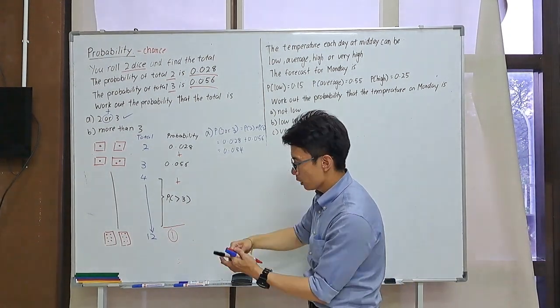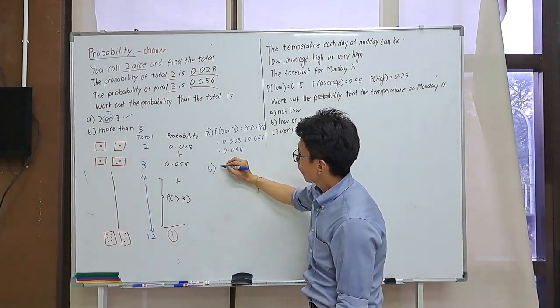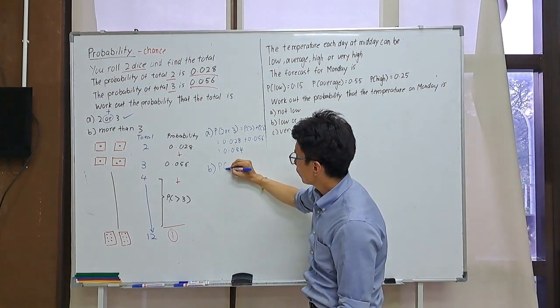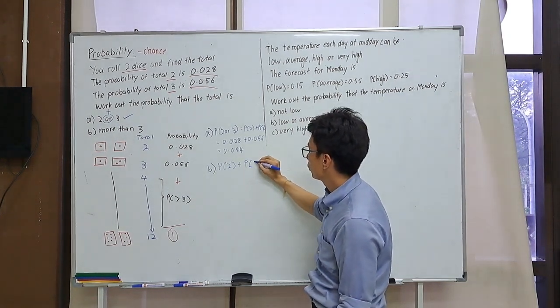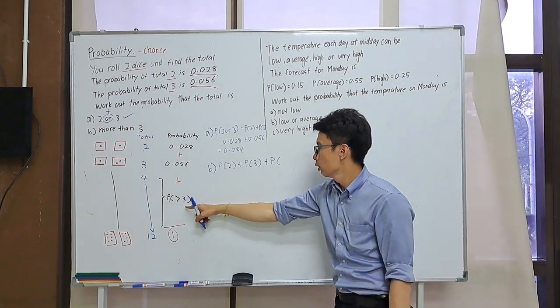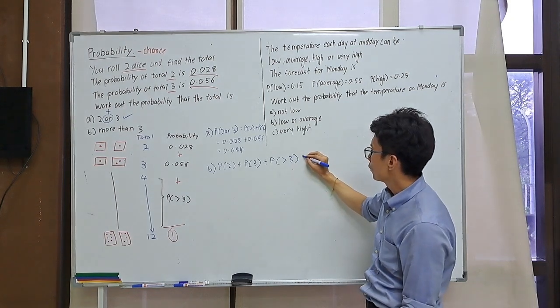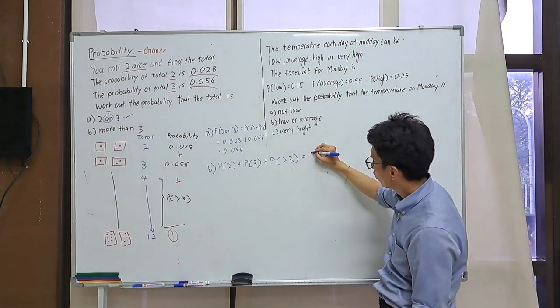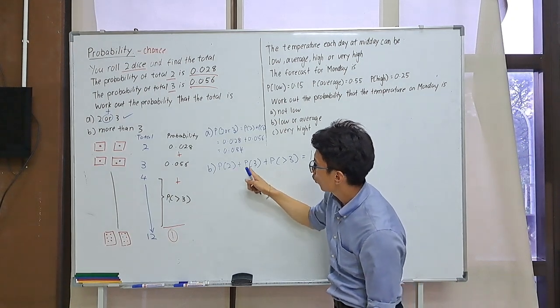So for question B, I'm going to say the probability the total is 2 plus the probability the total is 3 plus the probability that it's more than 3, that is going to give me equals to 1, right? So I'm going to fill this up because I know all these numbers.